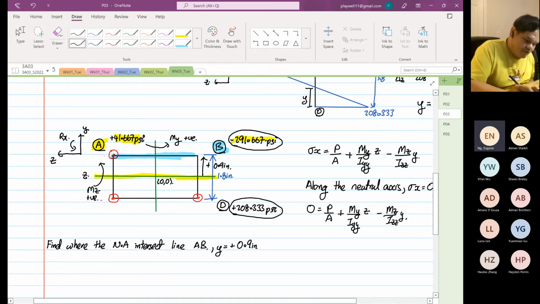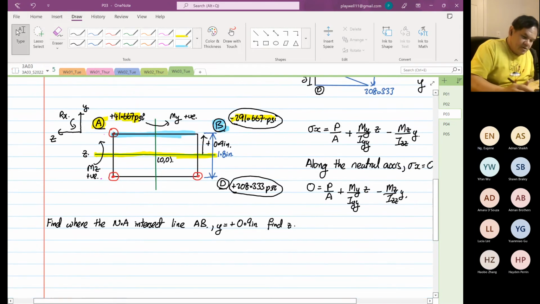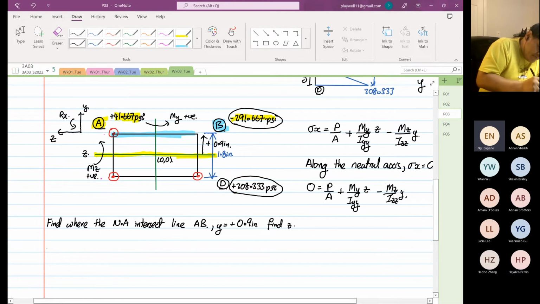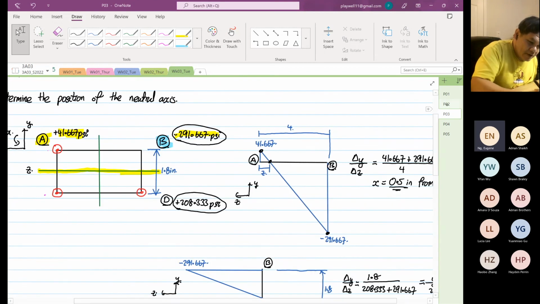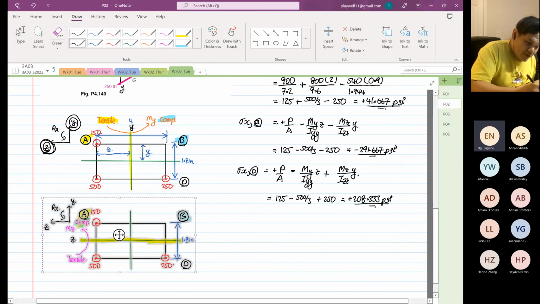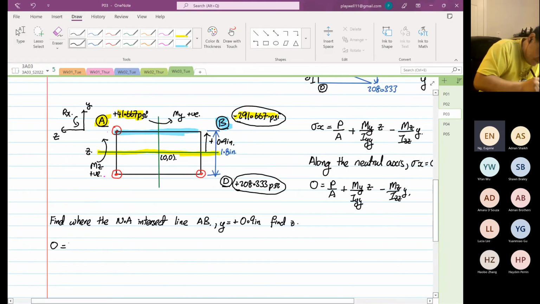So now we have to find Z. Okay. So we know the formula is 0 is equal to P over A. We know the value, P over A is equal to 125.